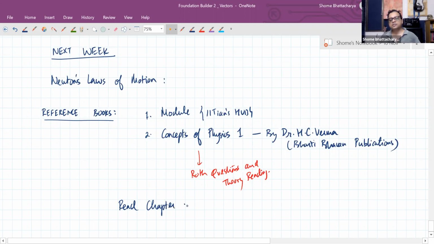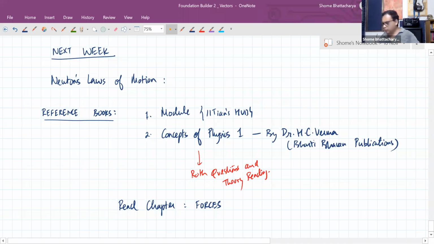read the chapter Forces. I think Forces is chapter number 3, if I'm not mistaken. It's a very short chapter, and it just gives an introduction to Newton's laws of motion before the actual chapter.